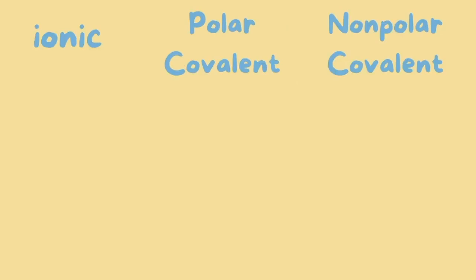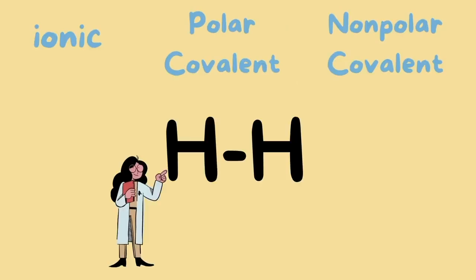Let's go ahead and finish off with some practice problems. Here we have hydrogen attached to another hydrogen. Is this an ionic bond, a polar covalent bond, or a non-polar covalent bond? The first thing we want to do is automatically rule out whether this is an ionic bond. If it's an ionic bond, it will be a metal and a non-metal.